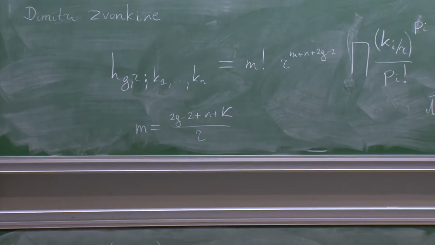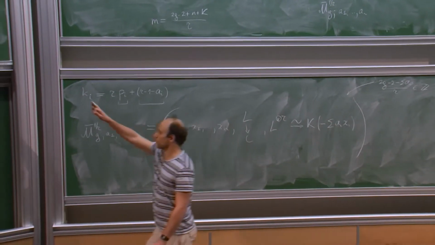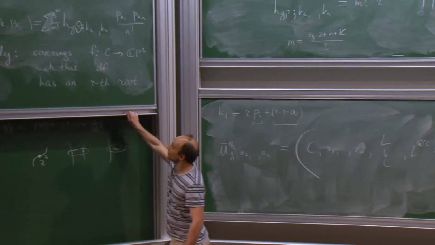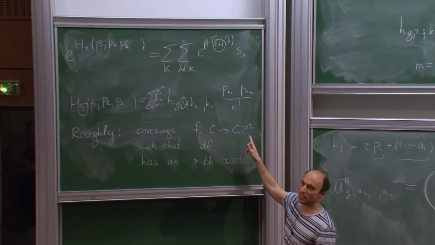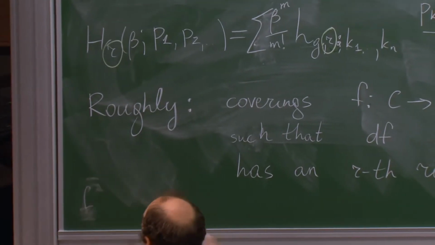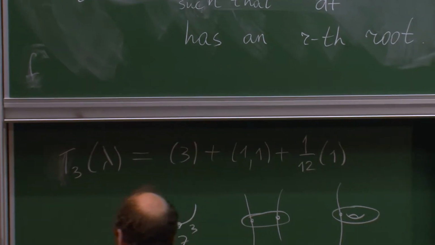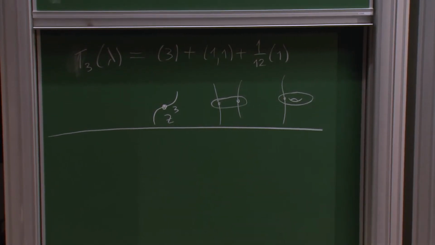So why do I look at this space? That's once again the explanation. When you have a ramified covering like that, F has poles.